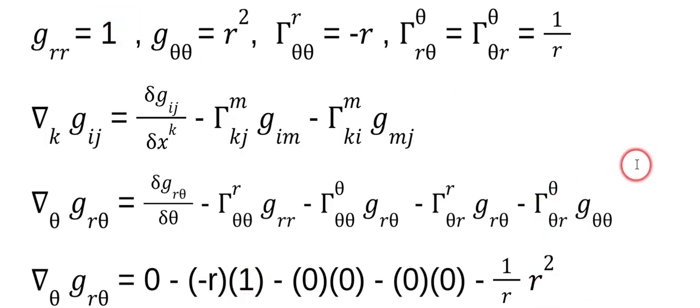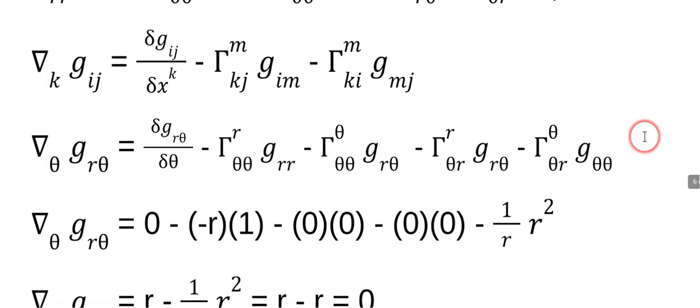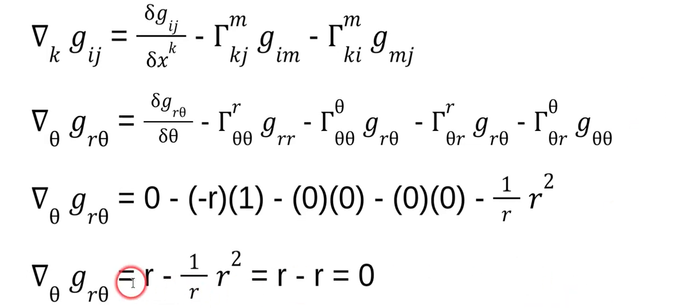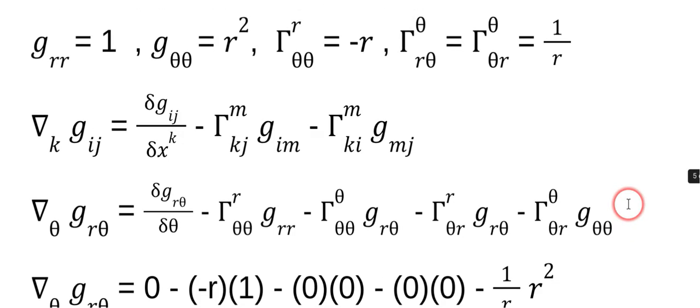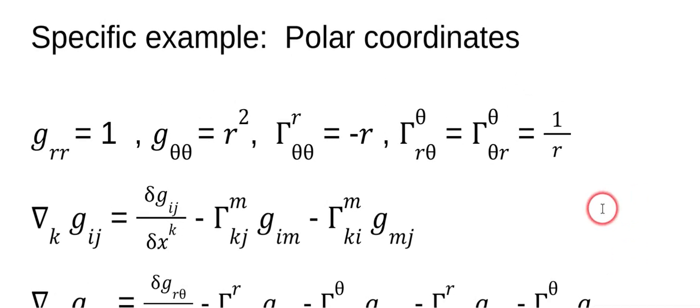Now we got some business here. Let's get rid of all that stuff. We got r minus 1 over r squared. That takes out one of the r's, and r minus r is 0. So there you go. This is a real example of the covariant derivative of a metric tensor component, and they're all 0. If you do every one of them, I promise you they're all 0.